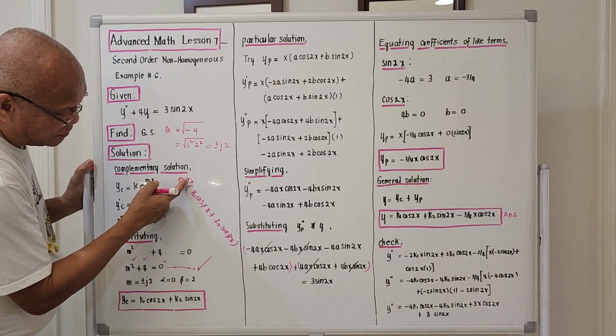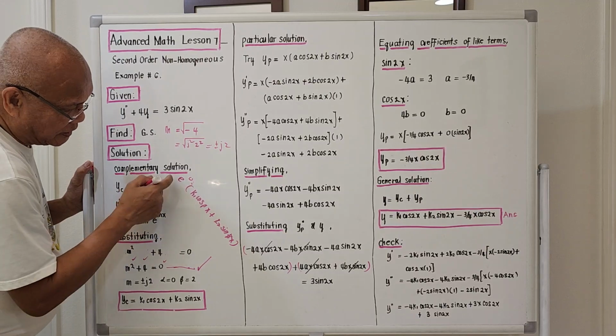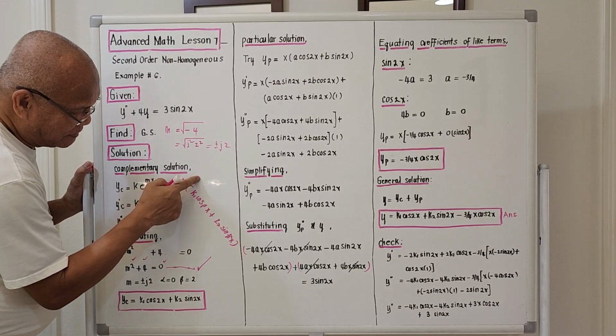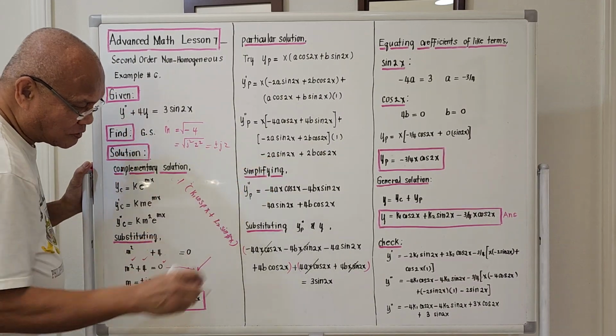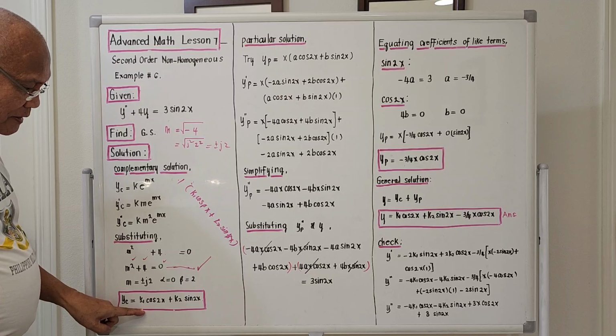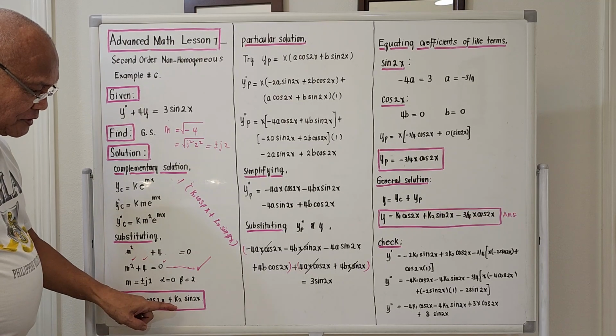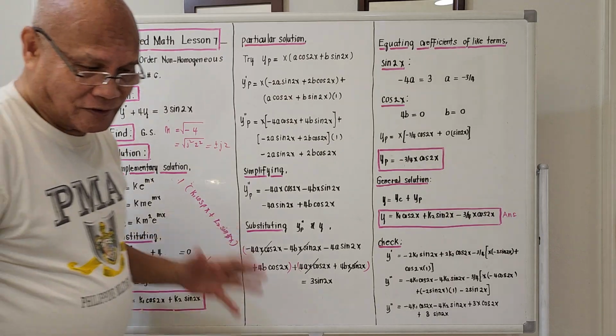But if alpha is 0, this becomes e to the 0, which is 1. So the complementary solution will simply be k1 cosine of 2x plus k2 sine of 2x. As simple as that.